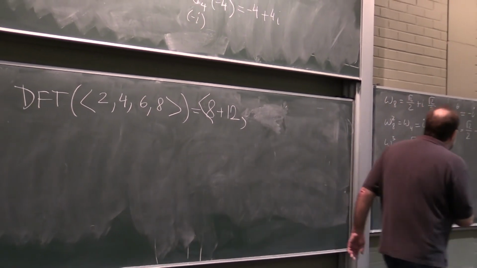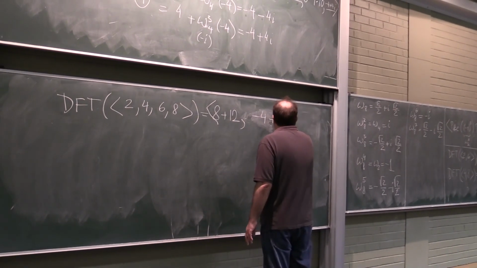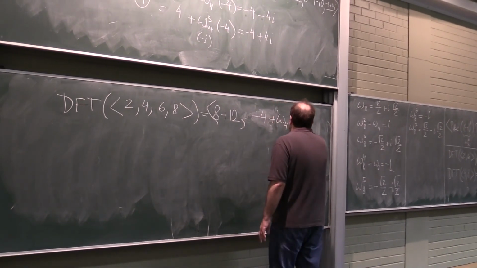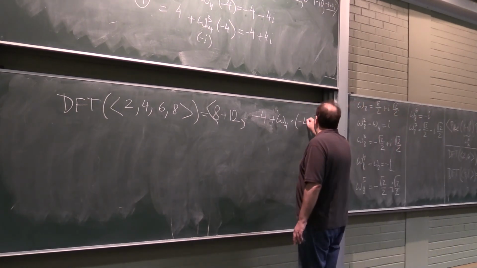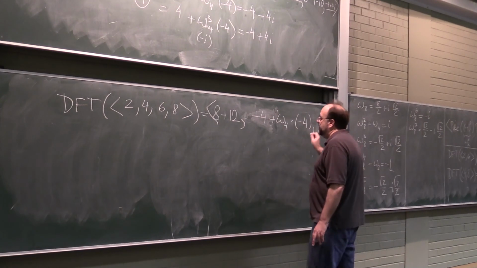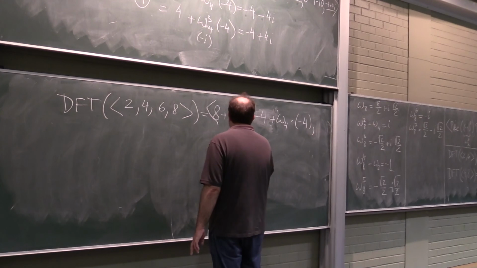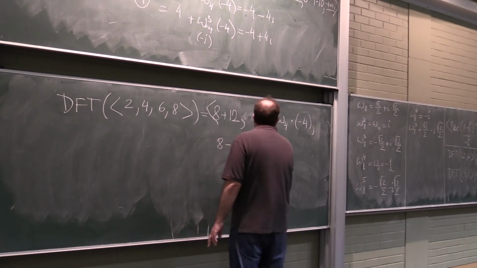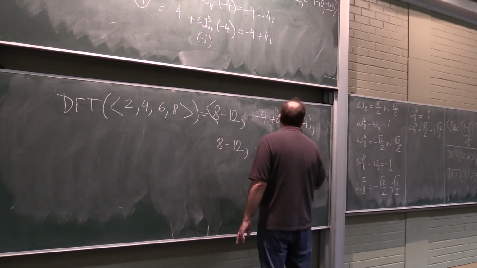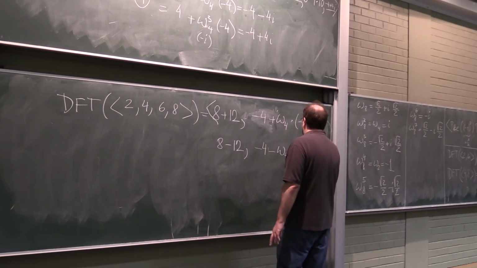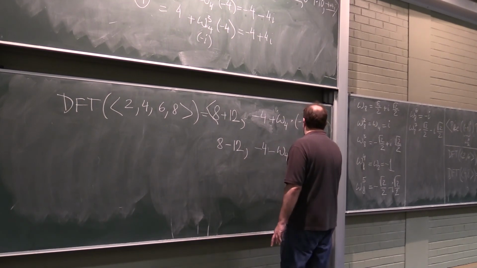So we have minus 4 plus omega 4 times minus 4. Right? Then we get exactly the same, but with minus 8, minus 12, minus 4, minus omega 4 times minus 4.